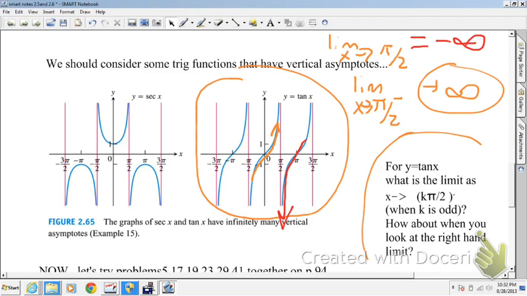So the overall limit does not exist at k pi halves when k is odd, at these odd integer multiples of pi halves. But you could find a right-hand limit, or you could find a left-hand limit, but the overall limit doesn't exist.